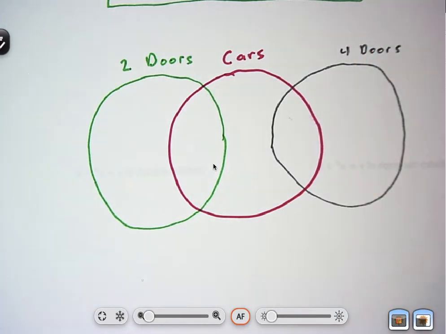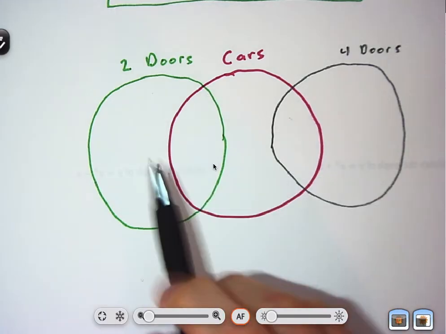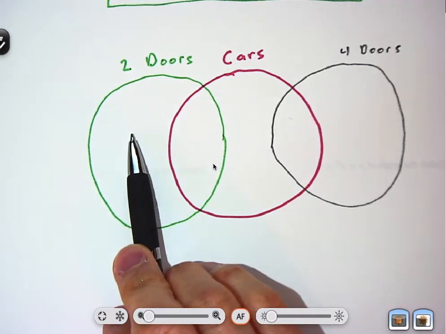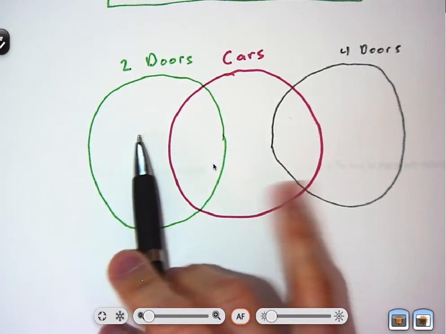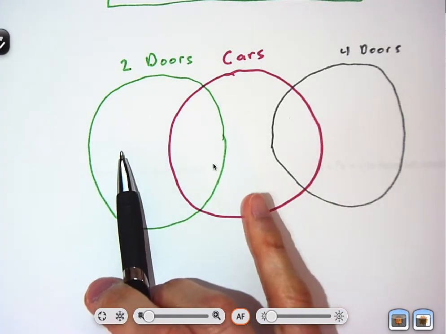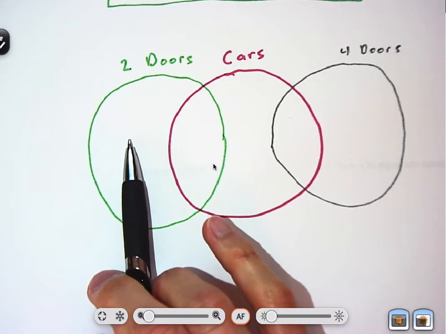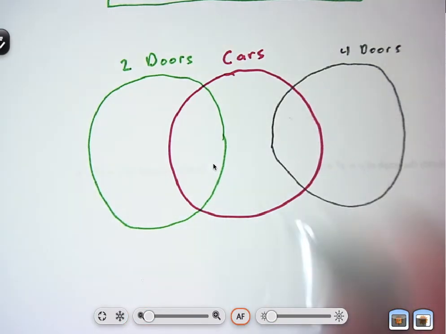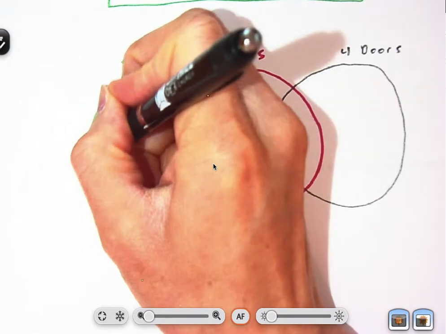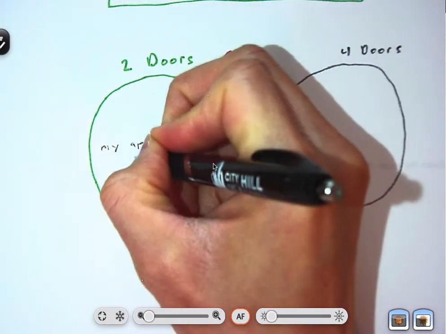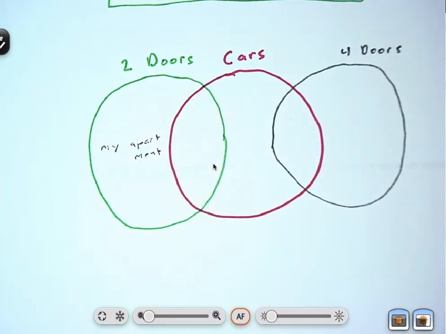So here, something over here is 2 doors, but not a car and not 4 doors. So for example, my apartment. My apartment has 2 doors.